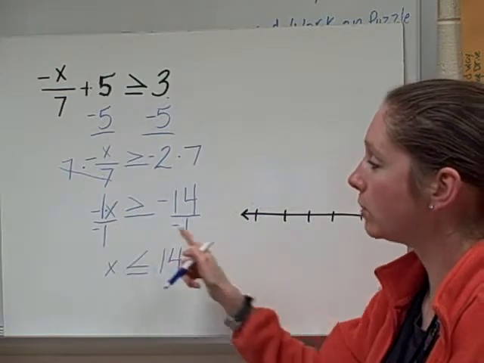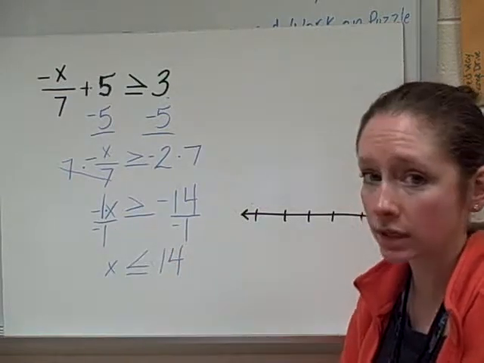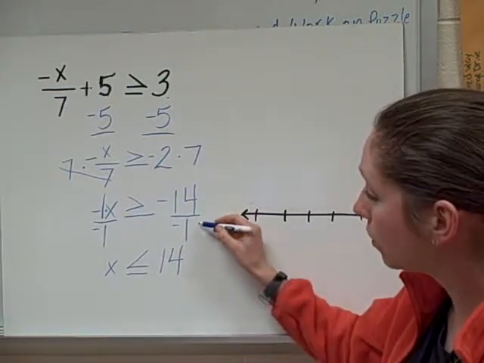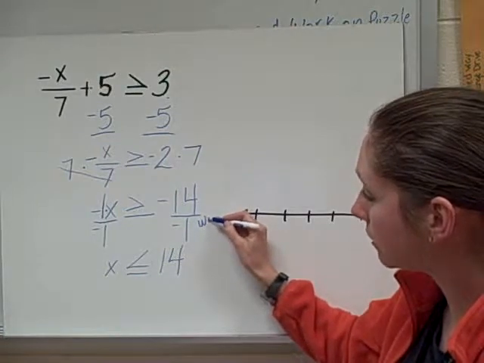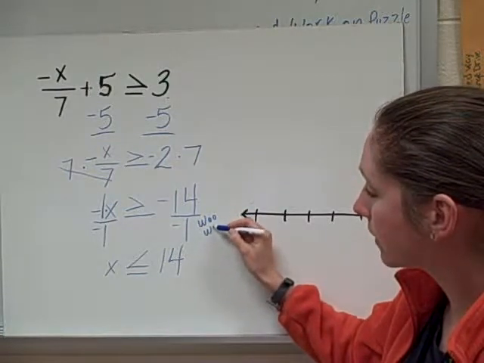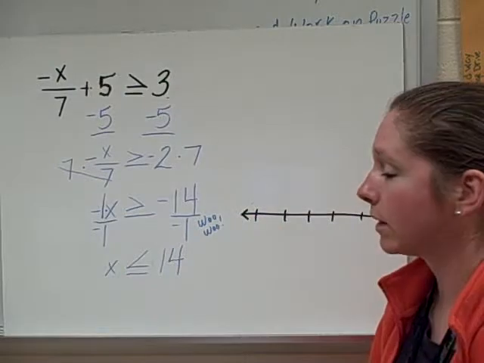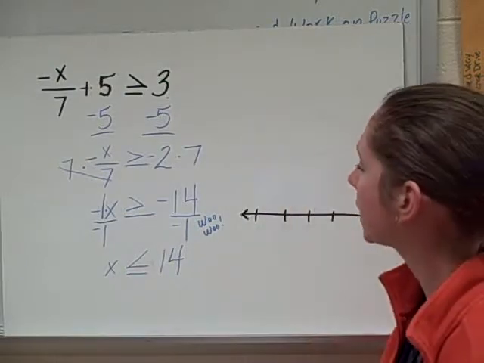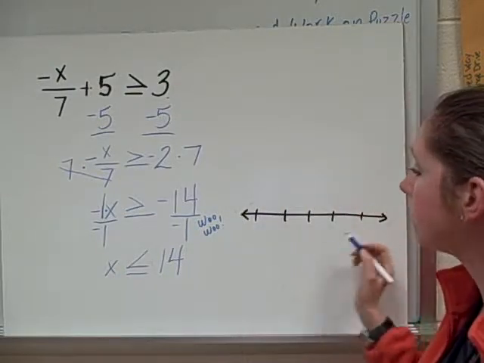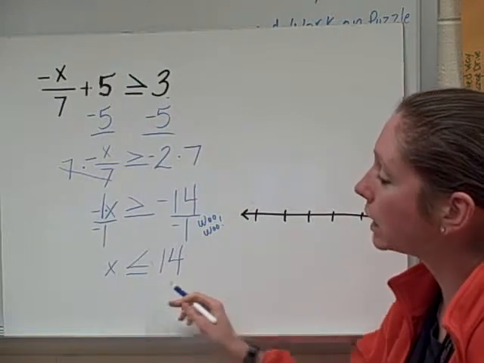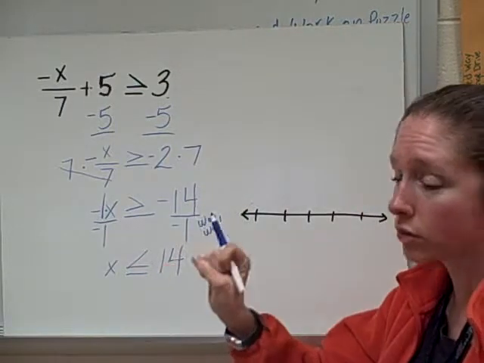So whenever you divide both sides by a negative, I told you it's like a siren going off. Woo, woo. You have to flip the sign. So whenever you do that, make sure the siren goes off in your mind. Now, for the inequality graphing, we've got less than or equal to 14, which is going to be a closed circle.